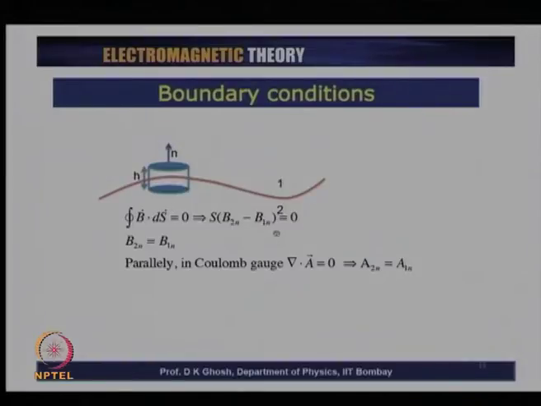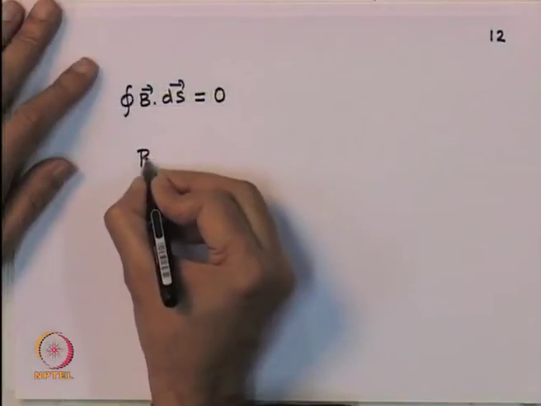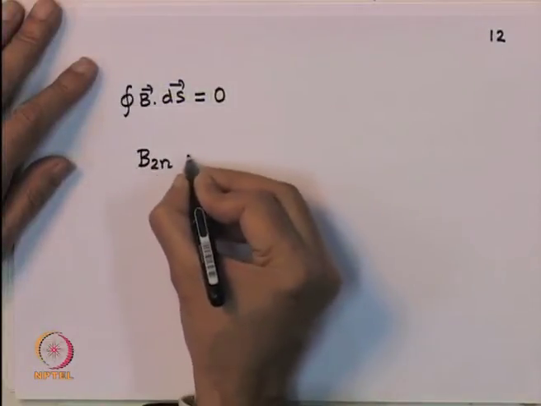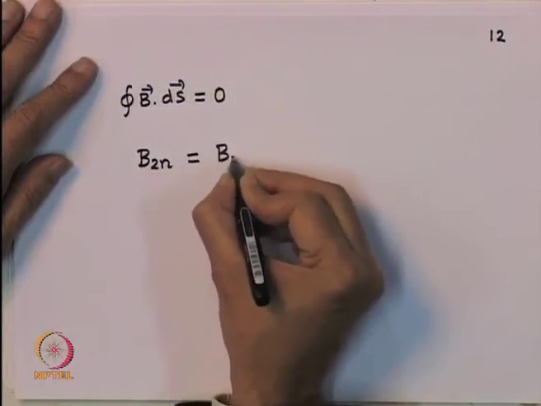So, B 2 n minus B 1 n is equal to 0. Cancelling out the S, I have B 2 n is equal to B 1 n. So, let me write it down. The normal component of the magnetic field is continuous.